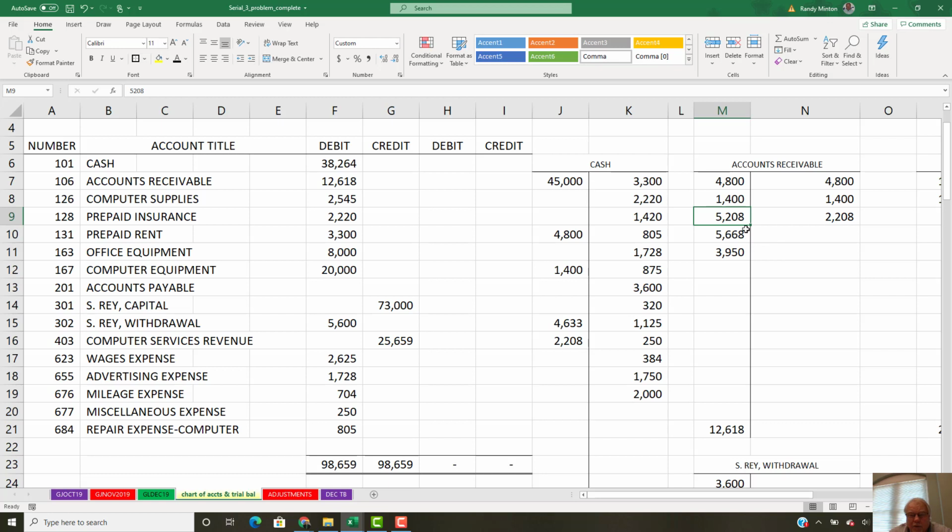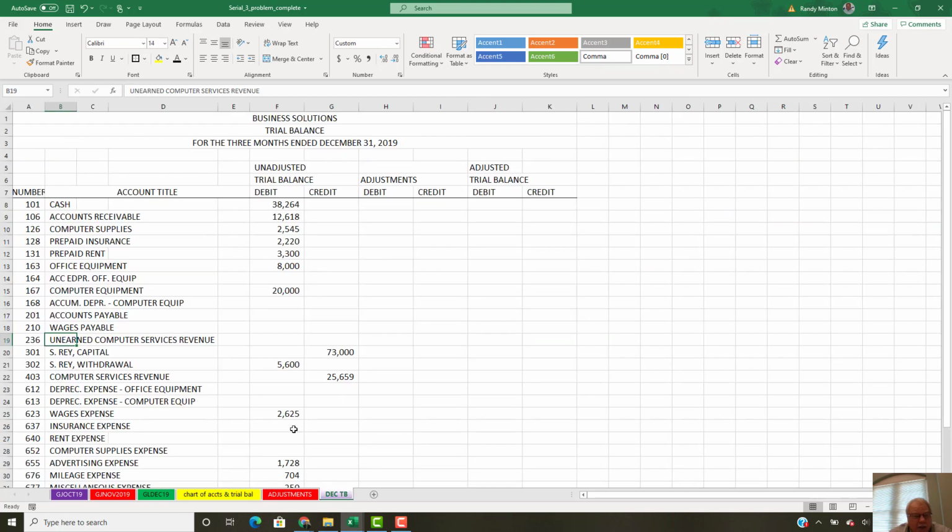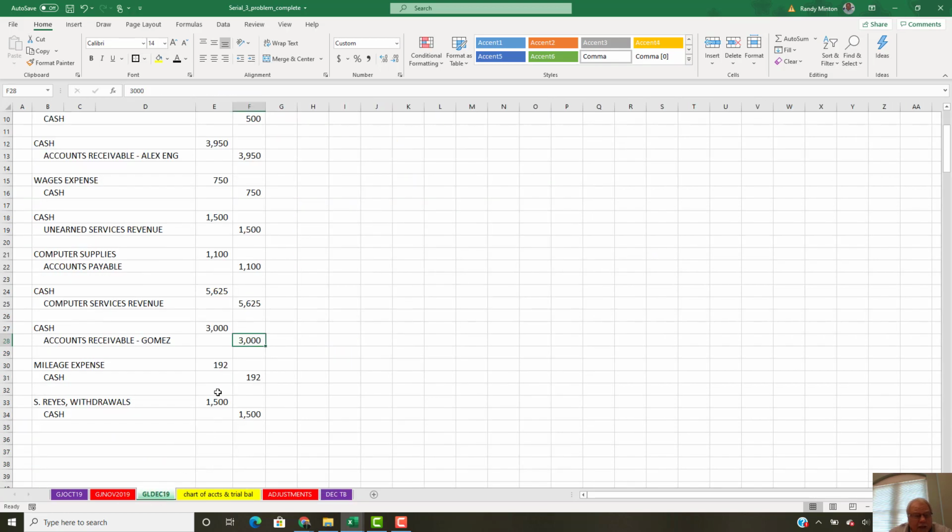We billed them $5,208, of which they paid $2,208, so they still owed us $3,000. And that's what happens in this particular entry. We're getting the cash in, and the receivable is going down.